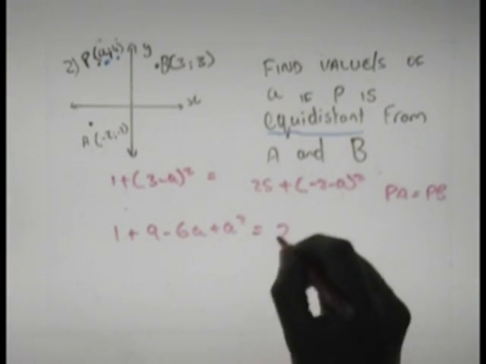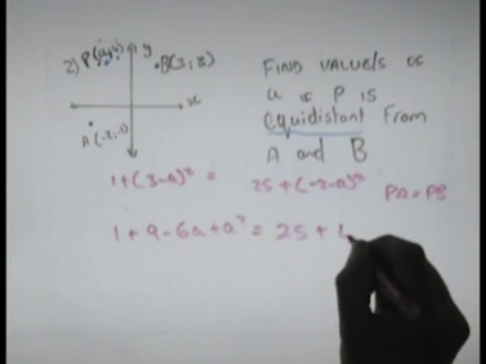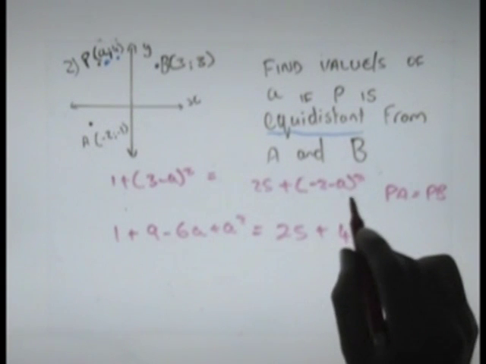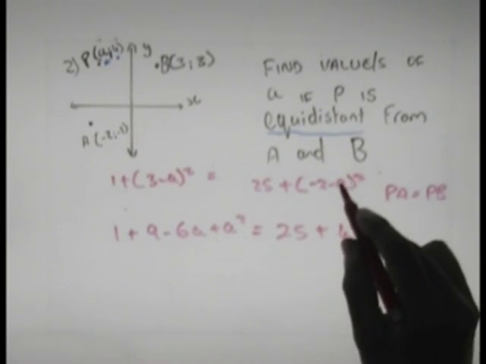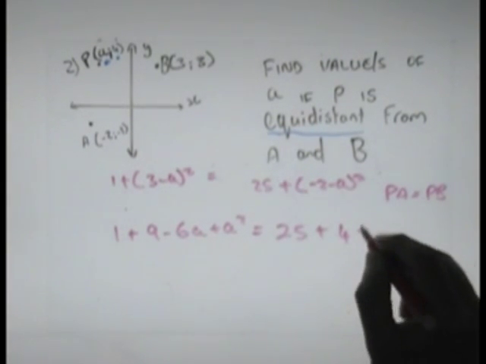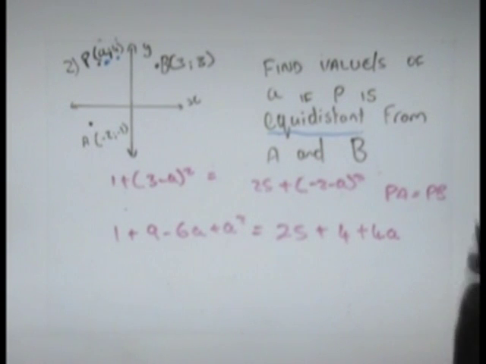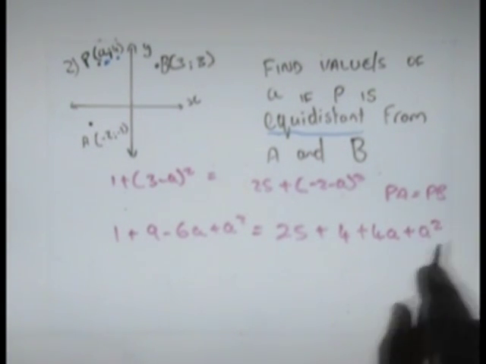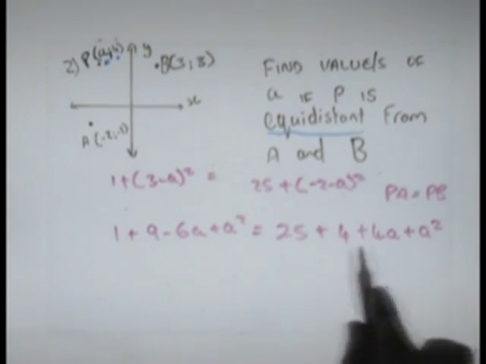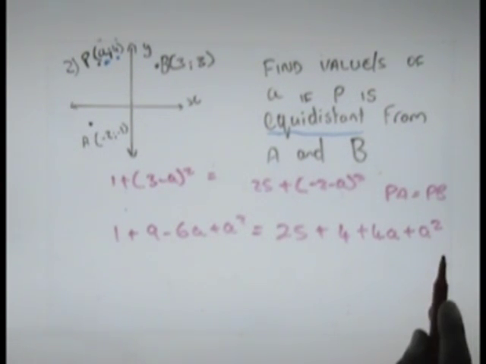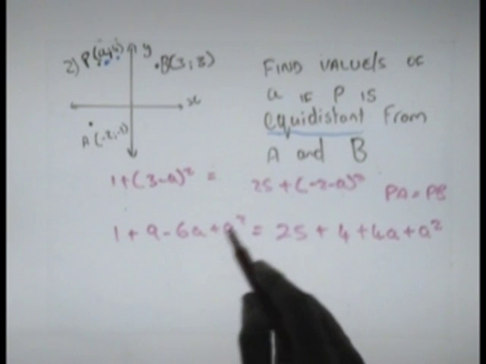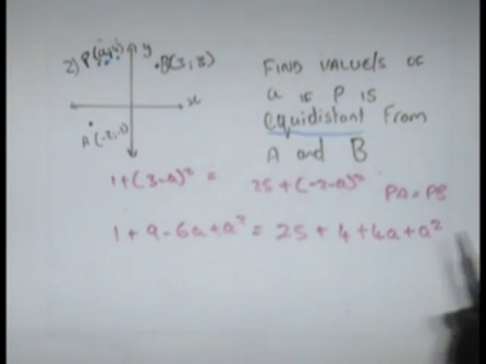25 plus 4 plus 4a plus a squared. That's minus 2 minus a squared. Because I've got a squareds, actually I don't need to take it all across to one side. Plus a squared on this side cancels with the plus a squared on that side.